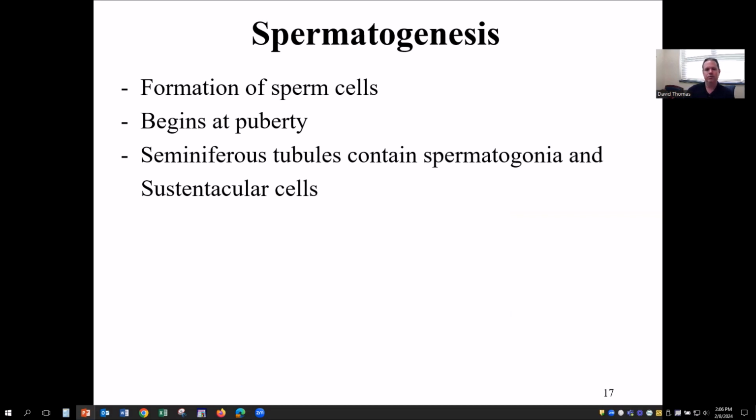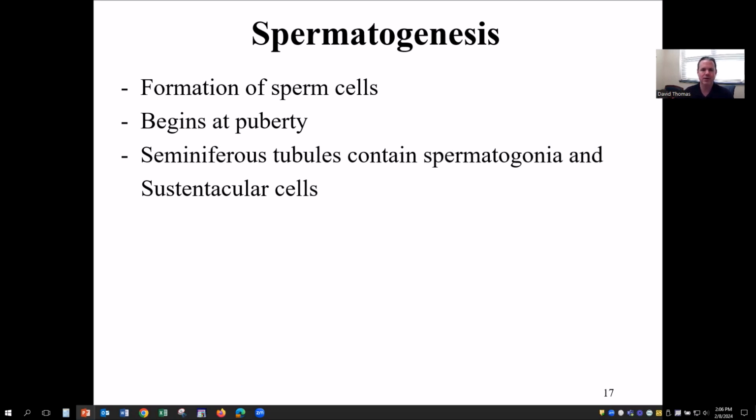The last thing I want to go over as far as the male reproductive system is the process known as spermatogenesis. And of course, the definition is there for you: the formation of sperm cells. The creation of sperm cells is part of that name. We'll mention a few things here about spermatogenesis, and then when we talk about the production of egg cells, or oocytes, that's oogenesis for females, we'll compare and contrast a little bit.